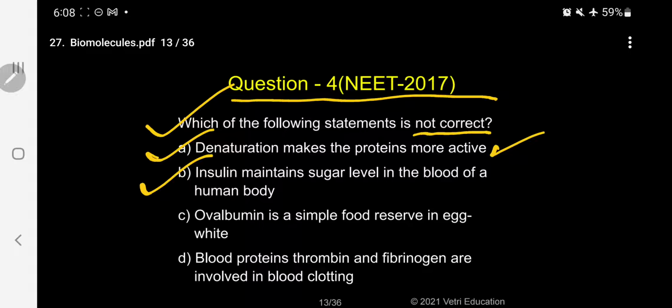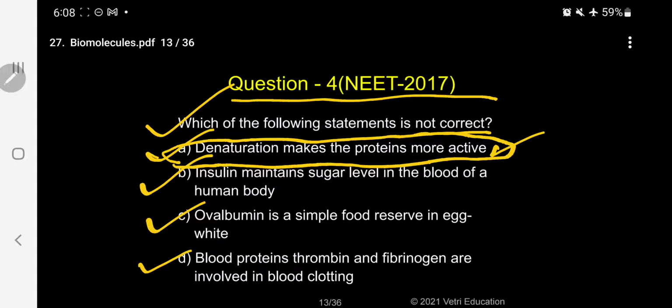C. Ovalbumin is a simple food reserve in egg whites. D. Blood proteins thrombin and fibrinogen are involved in blood clotting. So if you read all four, which statement is not correct? Probably denaturation makes the protein more active is not correct.